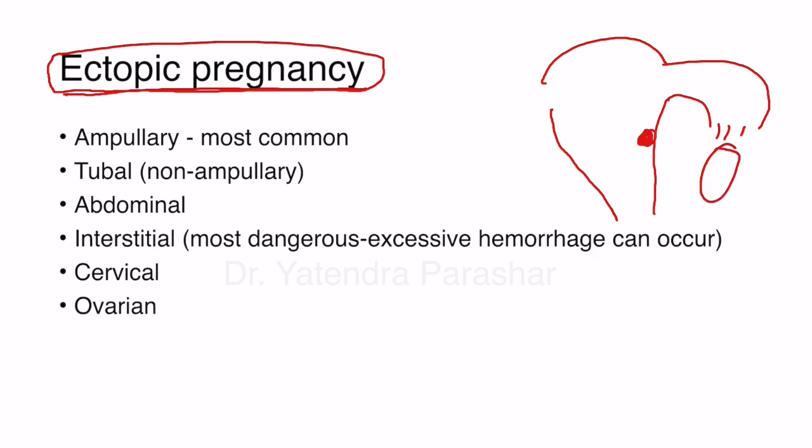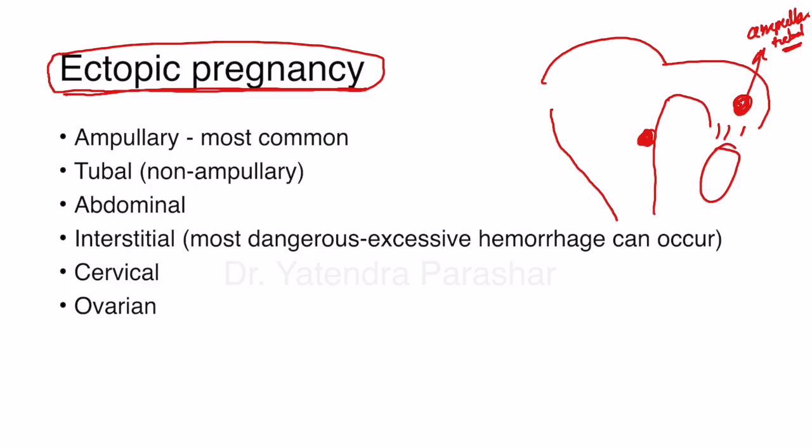But in cases of ectopic gestation, the fertilized ovum does not move from the ampulla, and it is implanted only there, and this is the ampullary tubal pregnancy. It is the most common type of ectopic pregnancy.